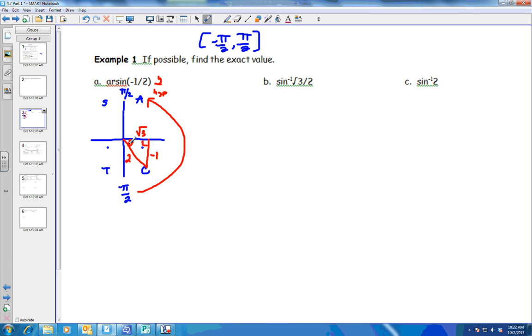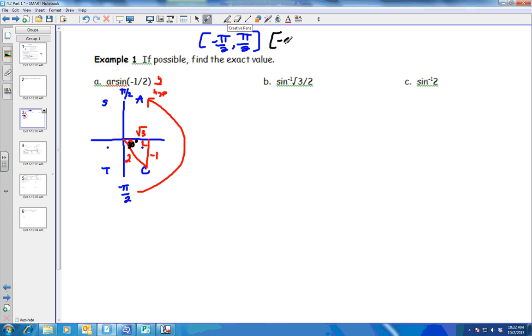And then my job is to figure out what this angle is. Well, I always find my 1, because 1 is my shortest side, and my shortest side is always opposite my 30-degree angle. So I know that this angle right here has to be 30 degrees. Okay, now how can I name this angle so that it falls between negative pi over 2 and pi over 2?